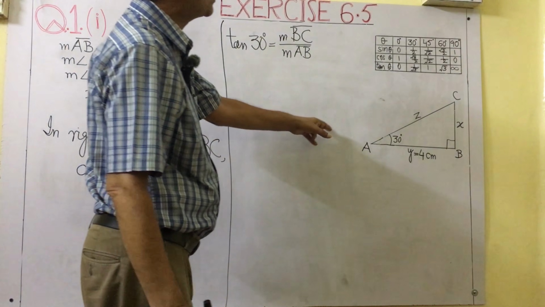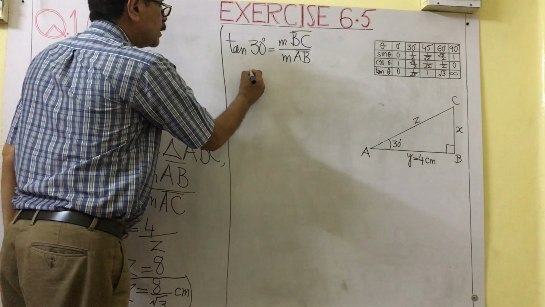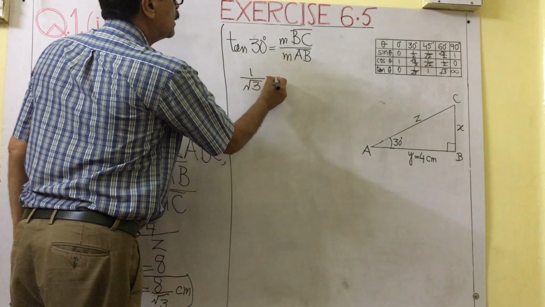Tangent of 30 degrees is 1 over square root of 3. That is putting the value of tangent of 30 degrees.